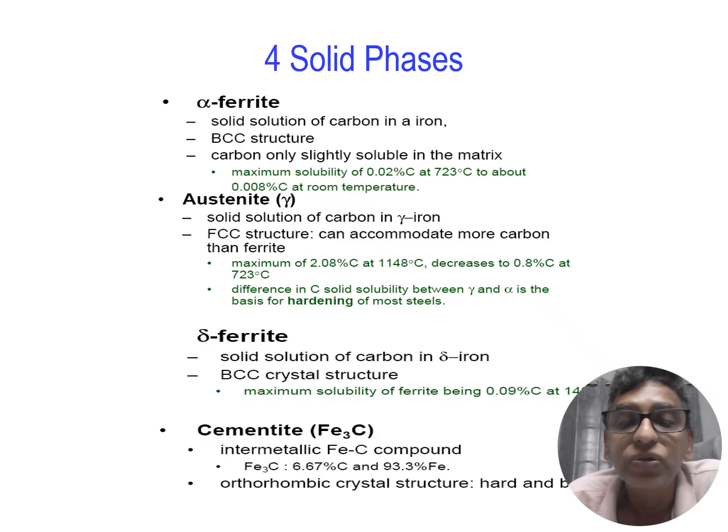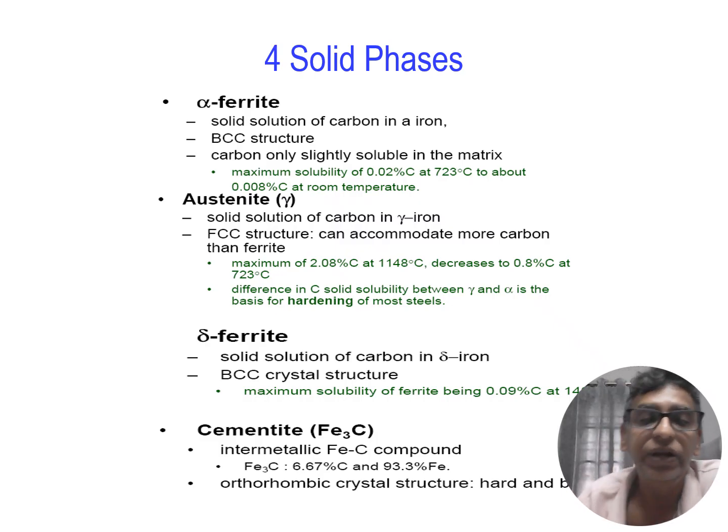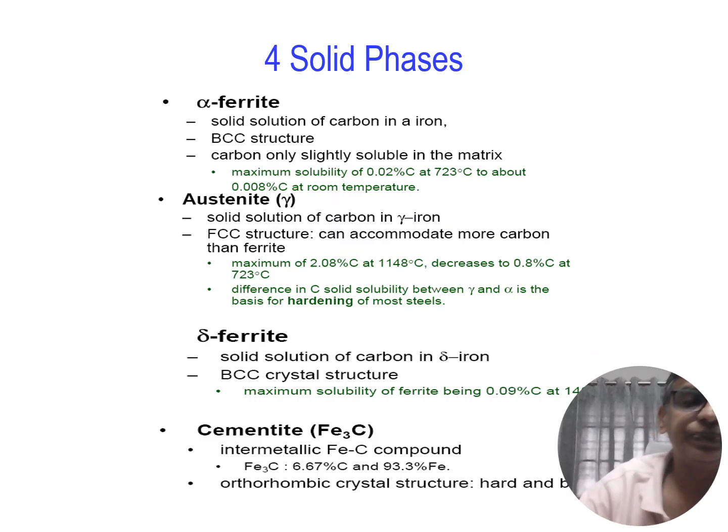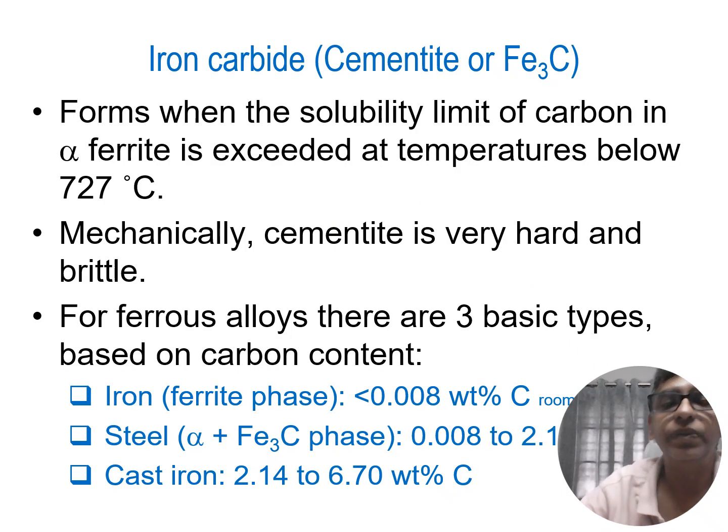Cementite is an Fe3C compound, a very hard substance. Iron carbide forms when the solubility limit of carbon in alpha ferrite is exceeded at room temperature below 727 degrees centigrade. Mechanically, cementite is very hard and brittle.